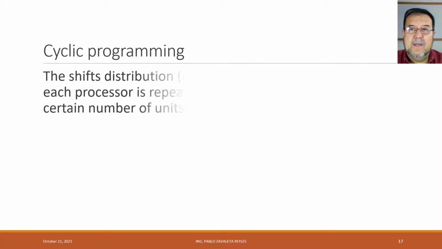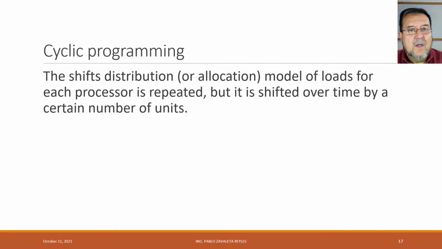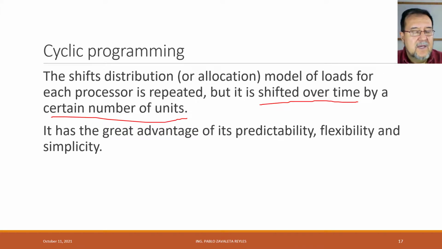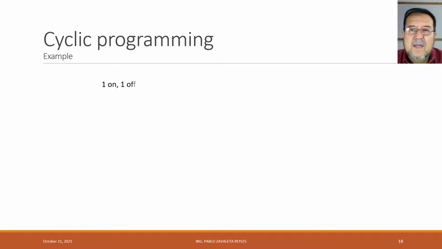Cyclic programming. We shift over time the programming by a certain number of time units. It is very simple, it is very predictable, flexible, and people love it. Let's give you an example.